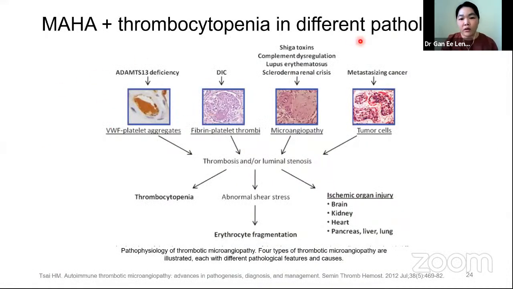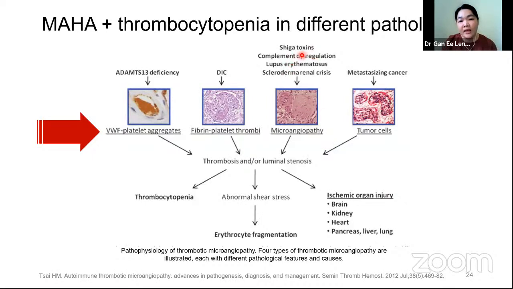If we talk about histopathology, when we have so many causes for TMA, apparently different pathology is the culprit for different TMAs. For example, in TTP, the von Willebrand factor platelet aggregates are the ones causing the thrombosis and luminal stenosis, later thrombocytopenia and MAHA. In DIC, the fibrin platelet thrombi is the main primary event.